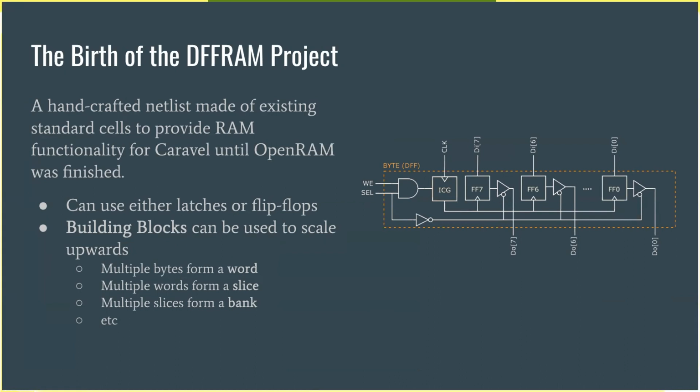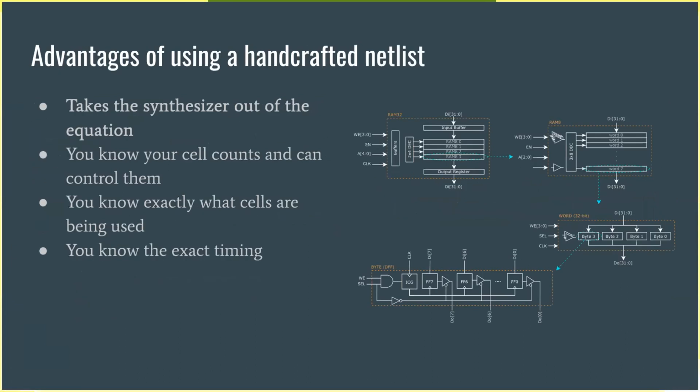You can use either latches or flip-flops, and it is based on a building block pattern, which means here you can see, for example, the circuit diagram representing a single byte. You can connect a couple of these bytes, and then you've got a word, a 32-bit word. You can have multiple words to form a slice. You can use a couple of these slices to form even larger pieces of RAM, etc.